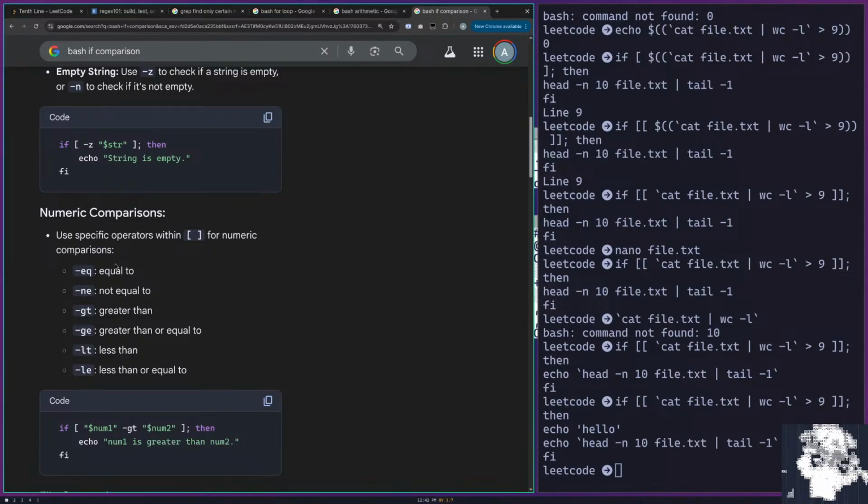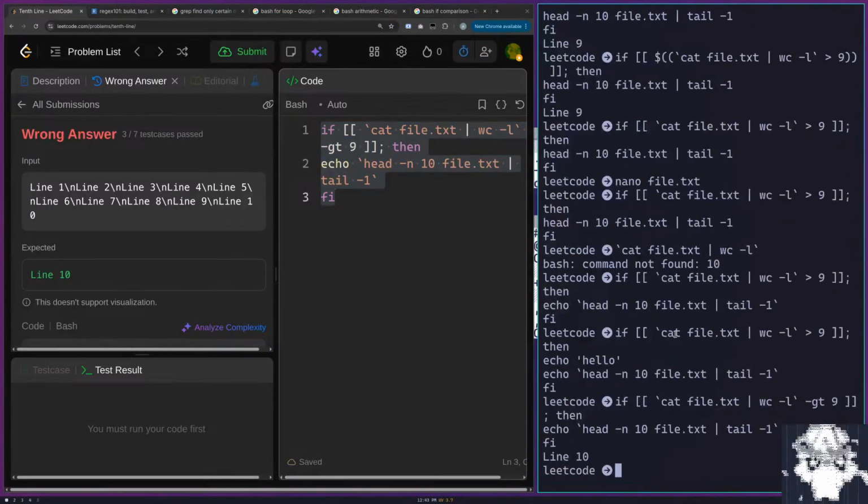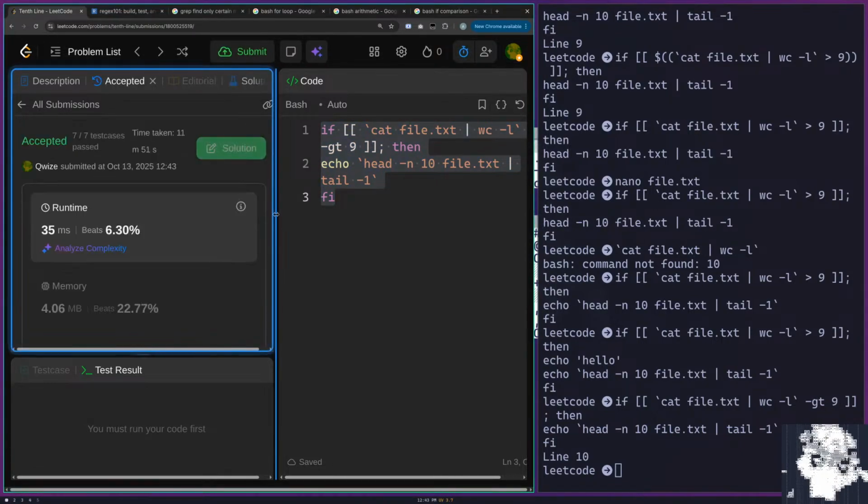Okay, -gt. If this -gt 9. Okay. There we go.